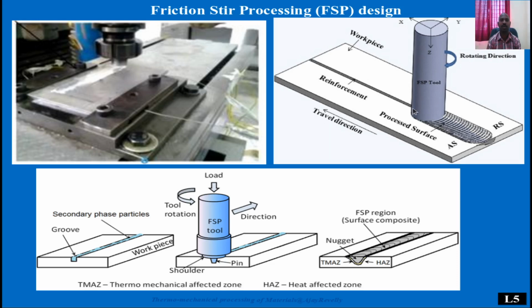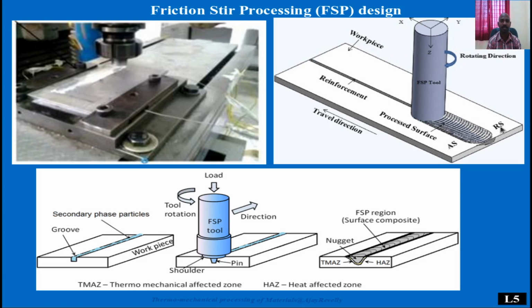And in a simple schematic view, this is a friction stir processing tool, which consists of shoulder, pin and applied pressure, which is connected to a plunger. And this is a workpiece. This side is called the advancing side.